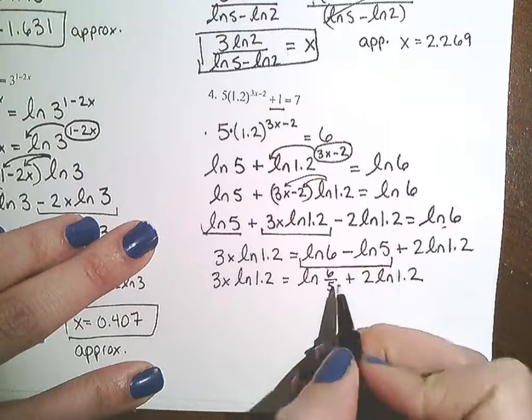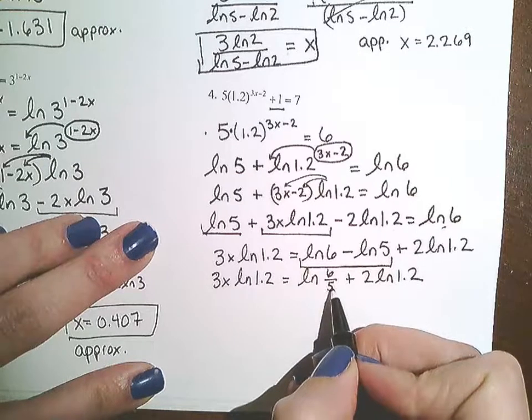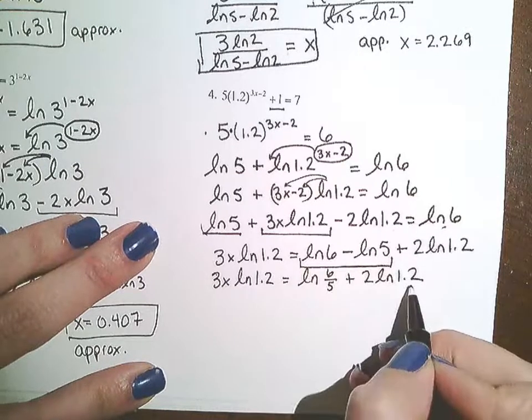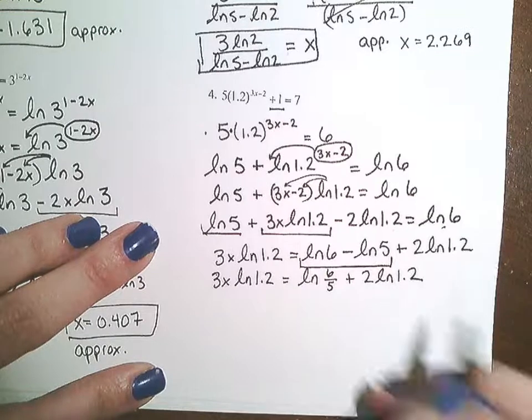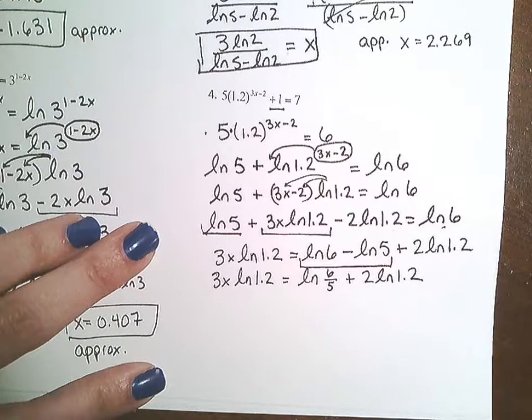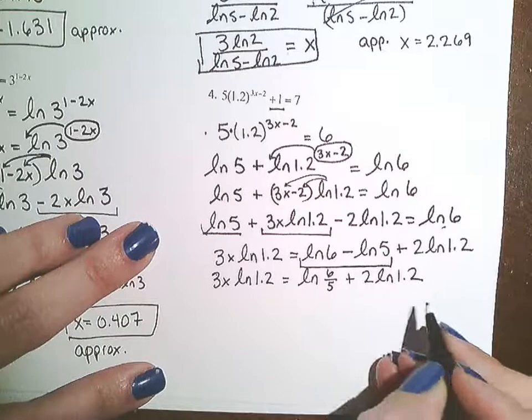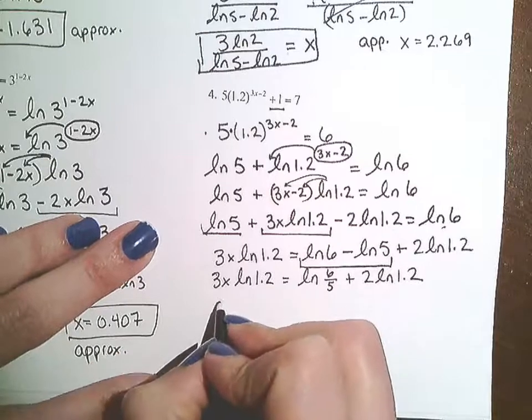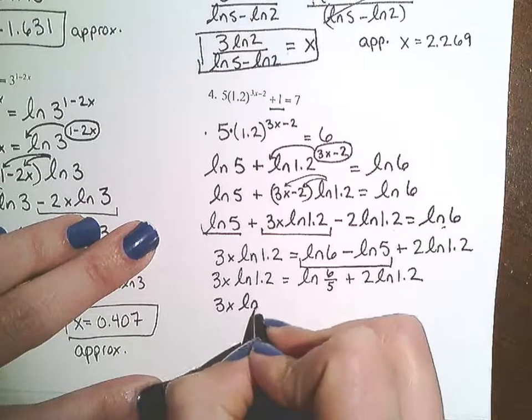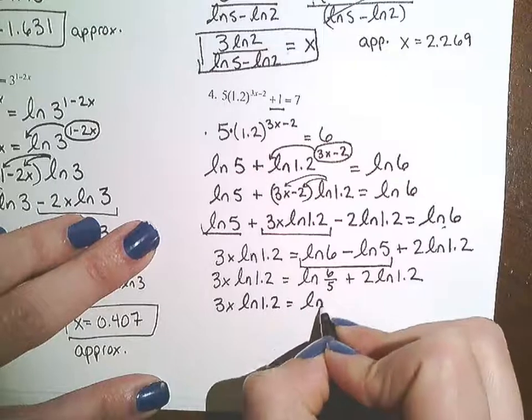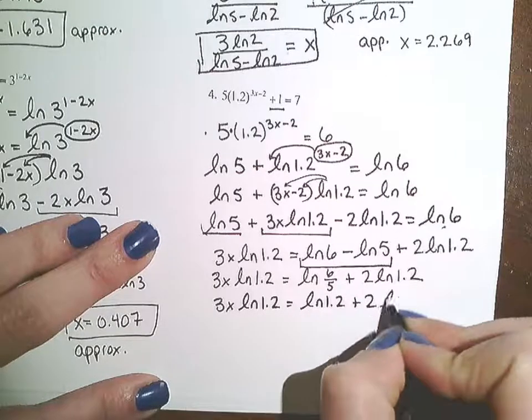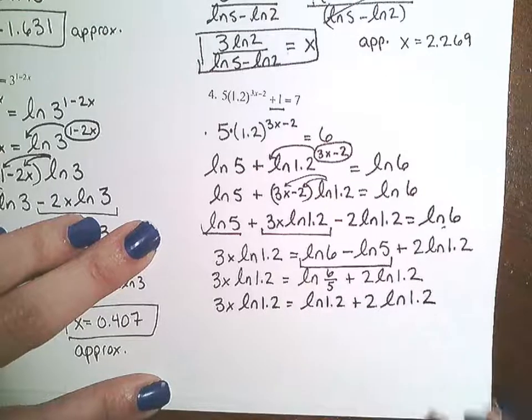If you know your math enough, you know that 6 divided by 5 is actually just 1.2. Even without a calculator, you can figure that out. So this ends up being 3x ln of 1.2 equals ln of 1.2 plus 2 ln of 1.2.